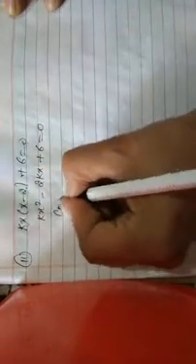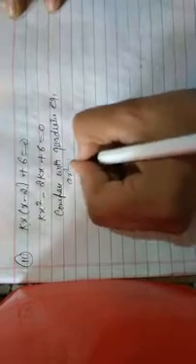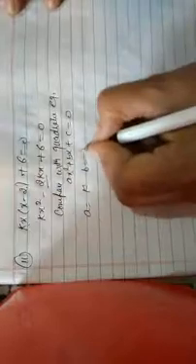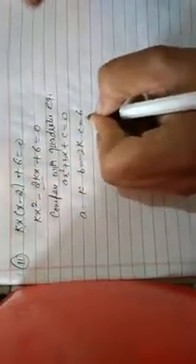Now compare with the quadratic equation ax square plus bx plus c equal to 0. Here a is k, the coefficient of x square is k, the coefficient of x is minus 2k, and c, the constant term, is 6. Now find the value of d.